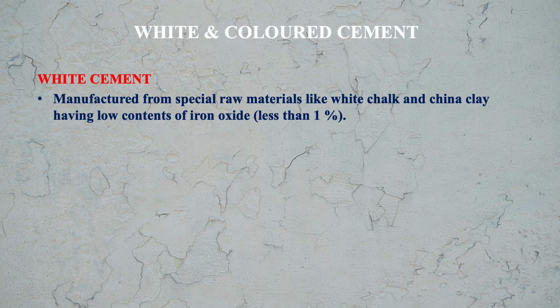Now let us take the next cement, white and colored cements. What is white cement here? How is it manufactured? White cement is manufactured from special raw materials like white chalk and china clay, which have low contents of iron oxide. Low content means here less than 1%.